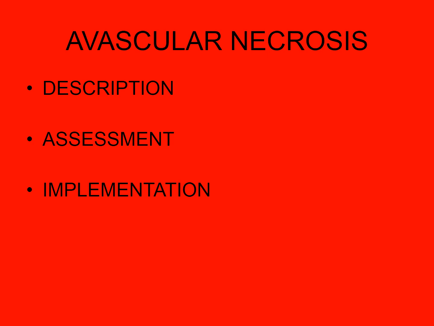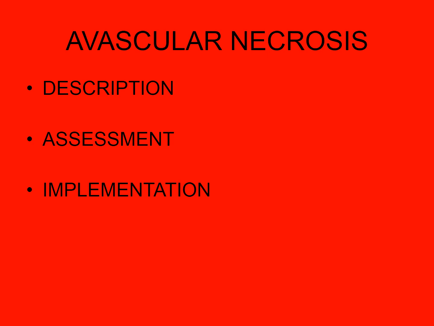The next complication is avascular necrosis. It pretty much tells you exactly what that is: an interruption in the blood supply to the bone tissue. Everything needs a supply of blood. If it doesn't get it, it dies. So in this case, it results in the death of the bone. What are some of the assessment findings? There's pain, and then there's decreased sensation.